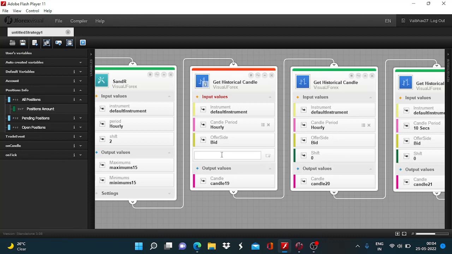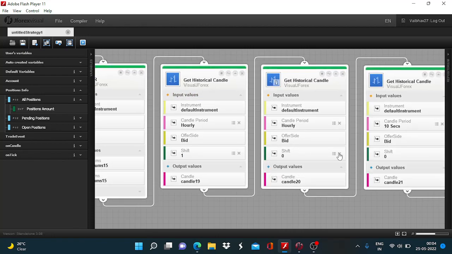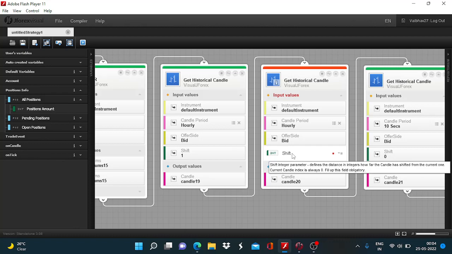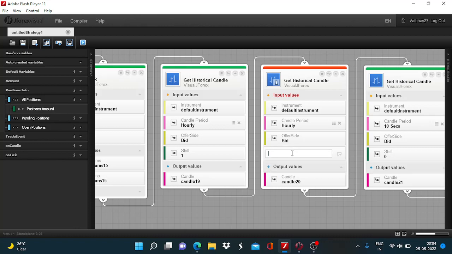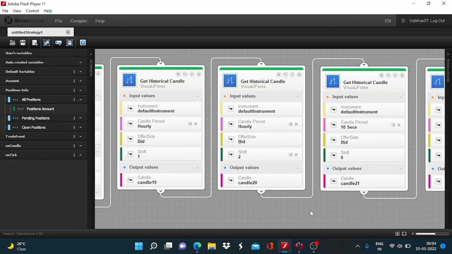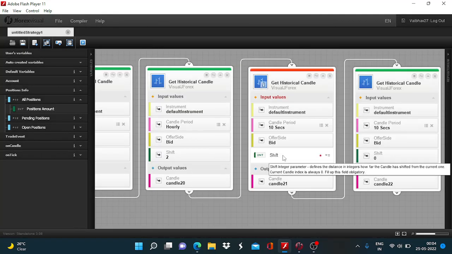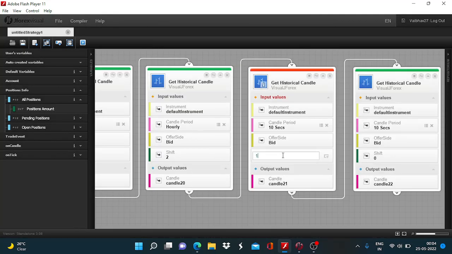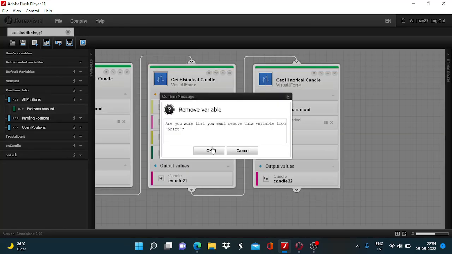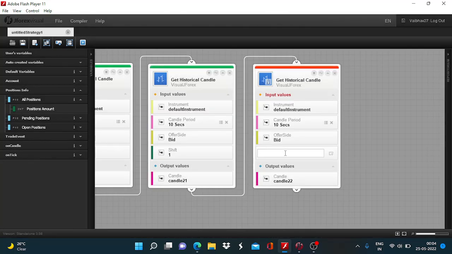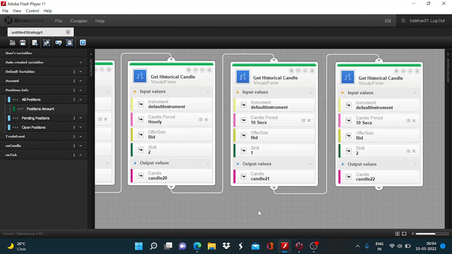Look back period will be 1 and 2 respectively. Here also these two 10-second blocks will be similarly defined with the loopback period of 1 and 2 respectively. Alright.